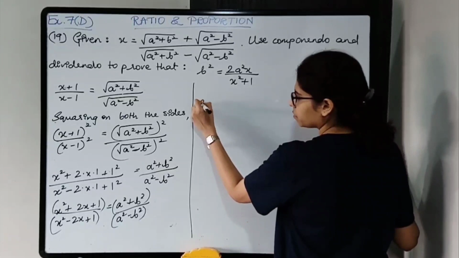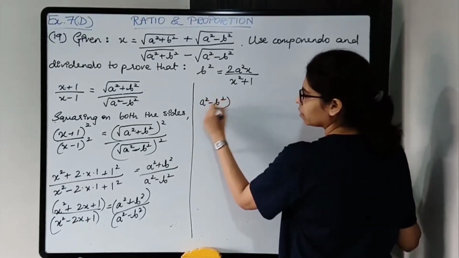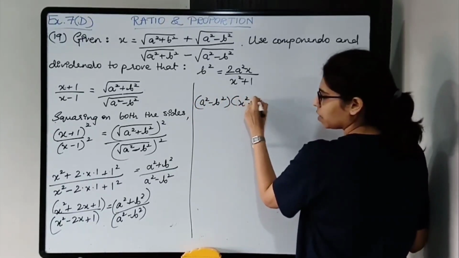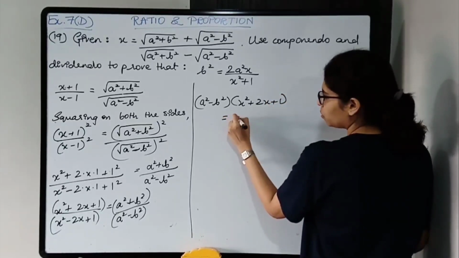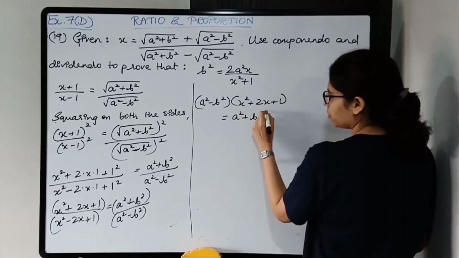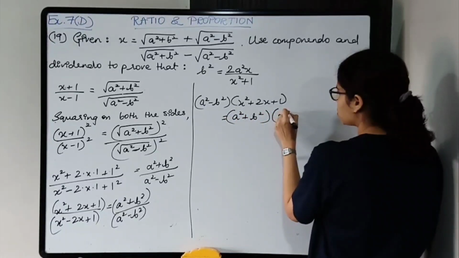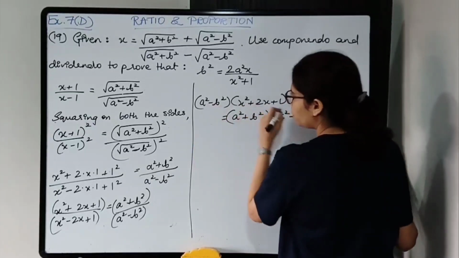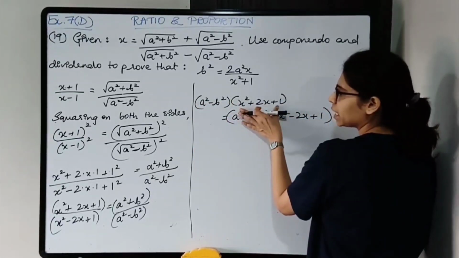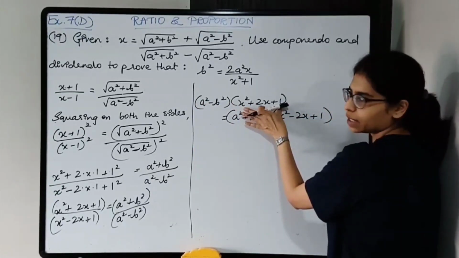So a square minus b square into x square plus 2x plus 1 is equal to a square plus b square into x square minus 2x plus 1. So opening the brackets, multiplying this term with the entire bracket and this term with the entire bracket.